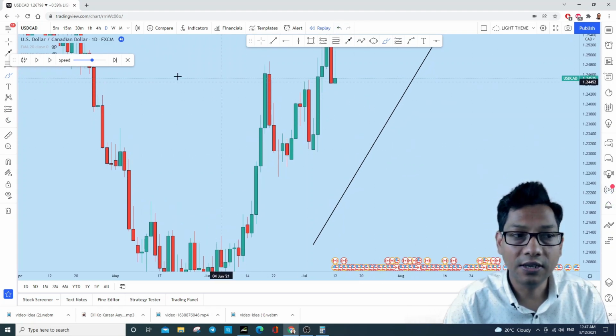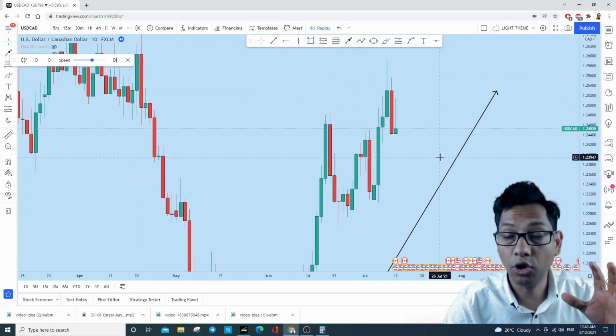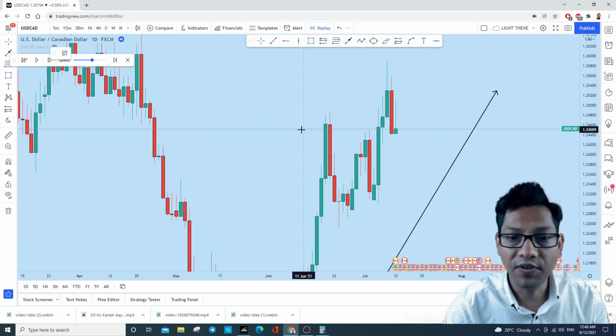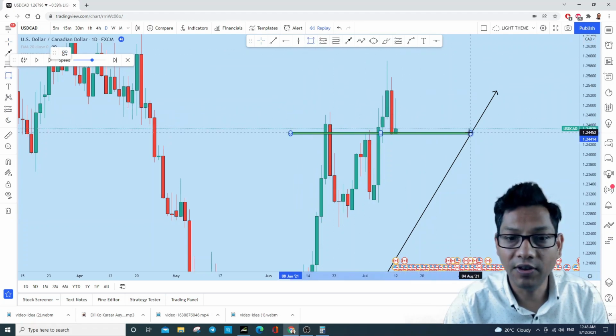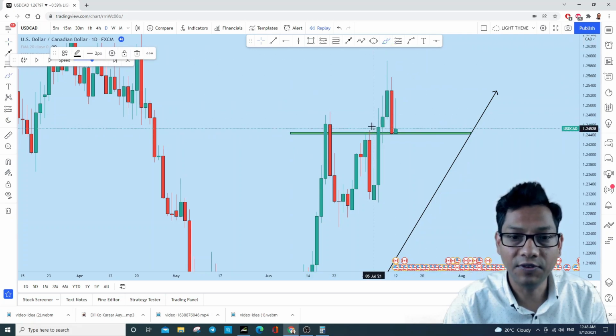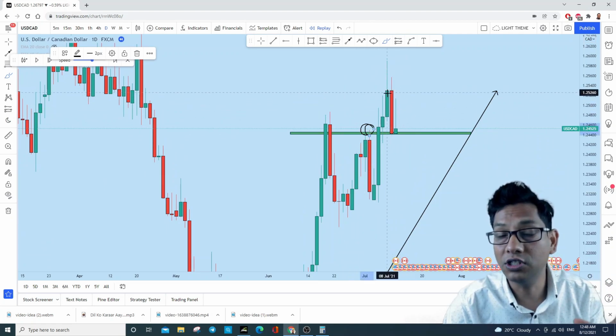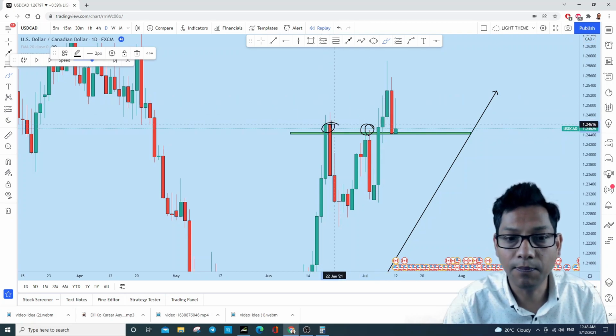Now look at this shooting star, not a hanging man, this is a shooting star. This shooting star formed at a very, very important level of support. Now look at this, there is a red candle among this movement. This can provide a very strong level of support for this shooting star, and also there is a support here.